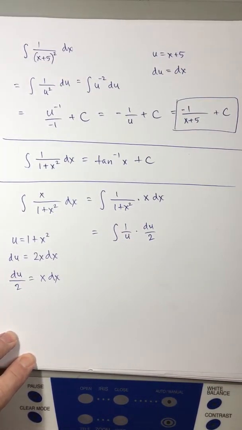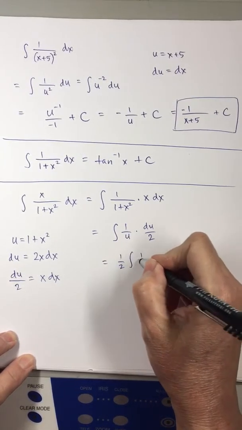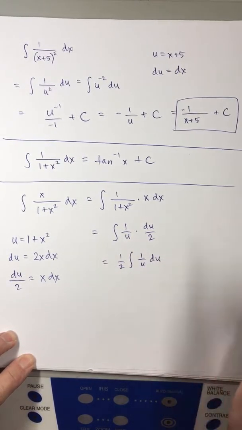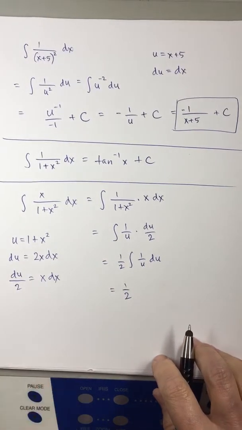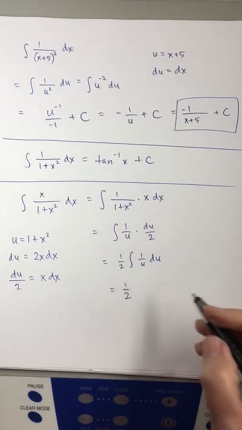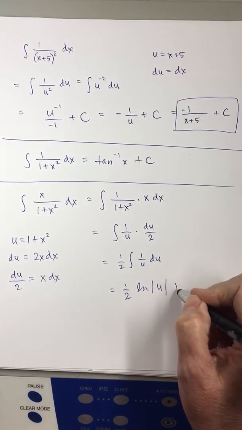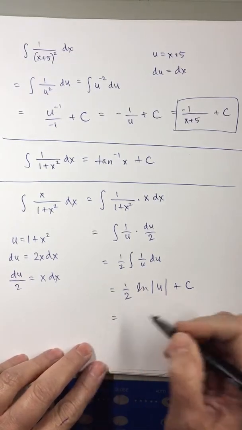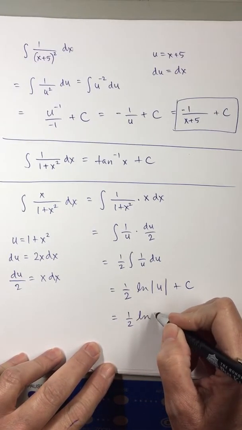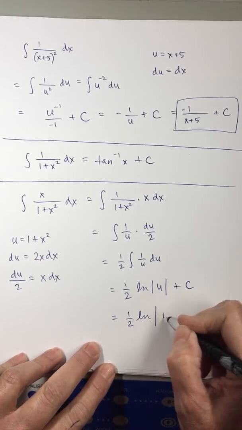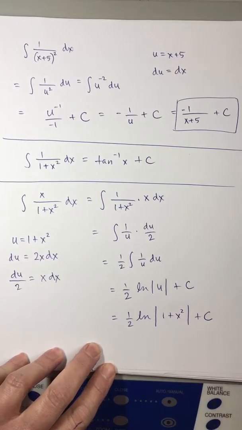I'm going to take that 1/2 out. 1/2 times the integral of 1 over u du, and that integral of 1 over u du is natural log of u plus c. That will be 1/2 times the natural log of the absolute value of 1 plus x squared plus c.